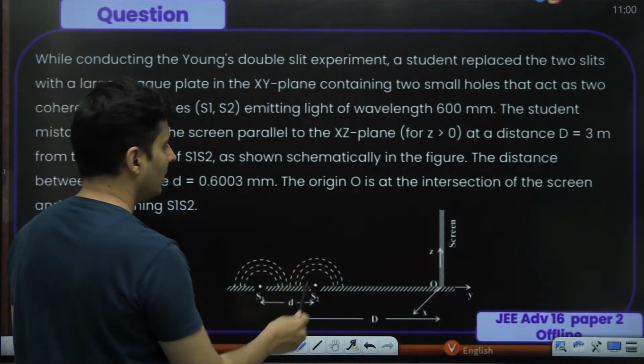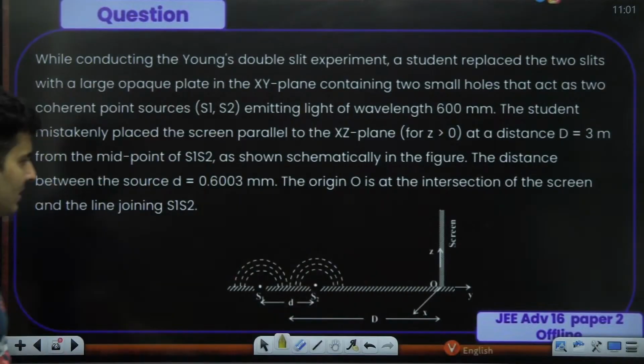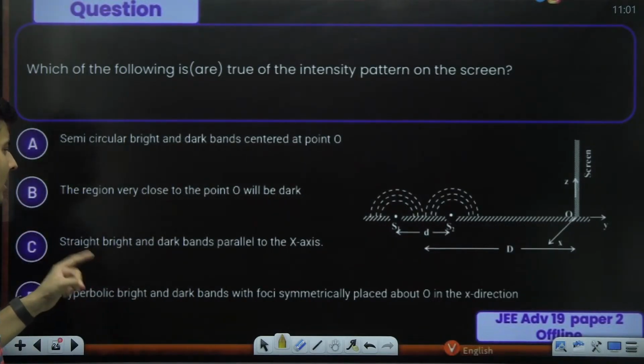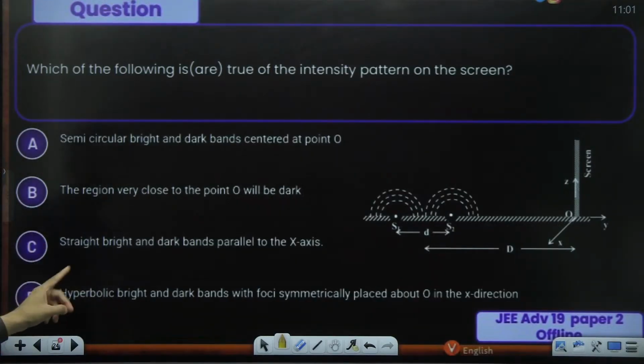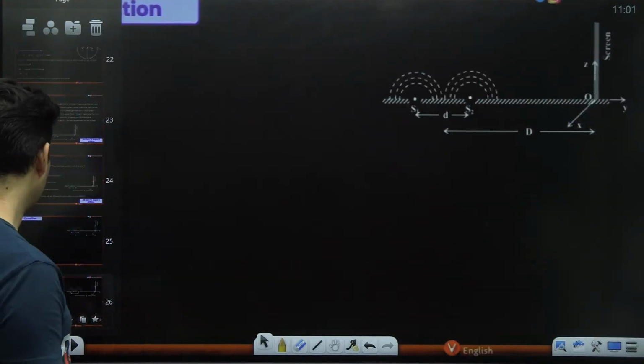The origin O is at the intersection of all the axes. The question is, which of the following is true regarding the intensity? Semicircular bright and dark bands centered at O. The region very close to point O will be dark. Straight bright and dark bands parallel to the x-axis. Hyperbolic bright and dark bands with foci symmetrically placed about O in the x direction. Okay, do I have just the diagram? That will be very useful.